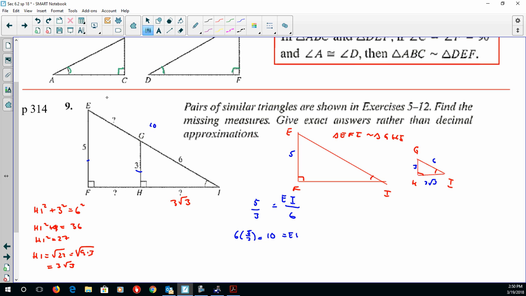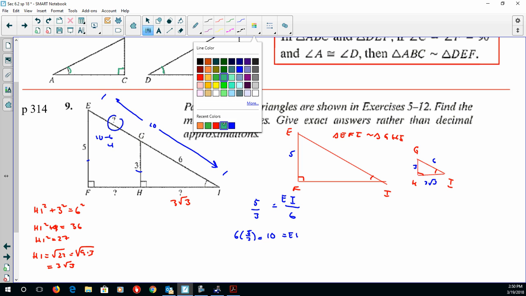That's not what they asked for. This is 4. 10 minus 6 is 4. And we also have some sides that are in proportion that are legs.